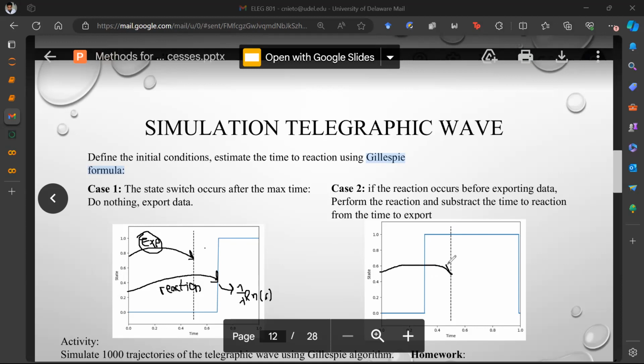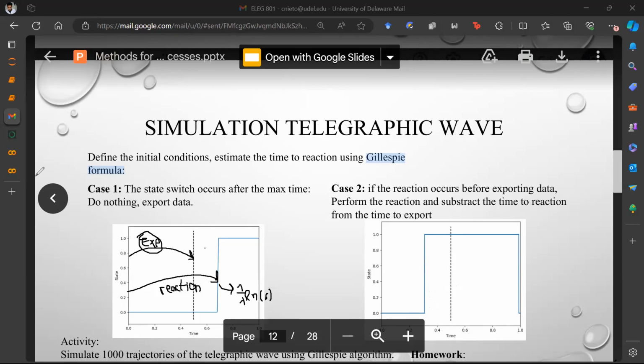So in this case, do nothing and export data. But if the exporting time is greater than the reaction time, you first do the reaction, and then the new time for exporting is going to be this time. So let's do it with a different color.